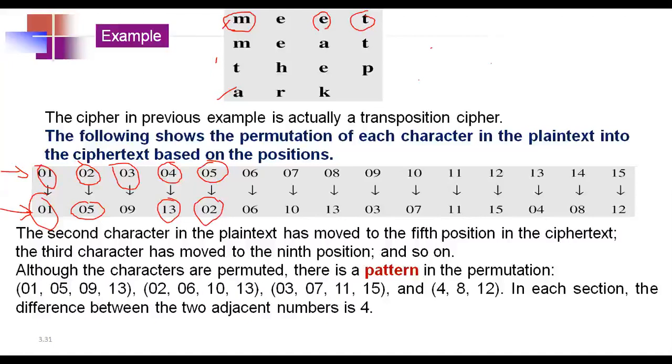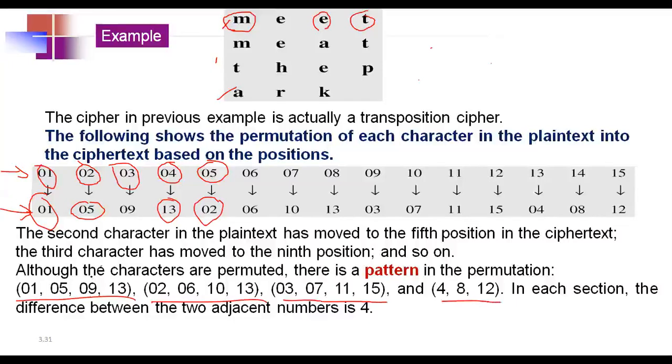Even though their positions are changed from rows to columns, if we observe the pattern of the ciphertext, the first 4 characters are 1, 5, 9, 13. Next column is 2, 6, 10, 14. Next is 3, 7, 11, 15. Last is 4, 8, 12.